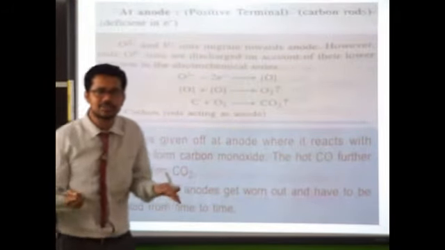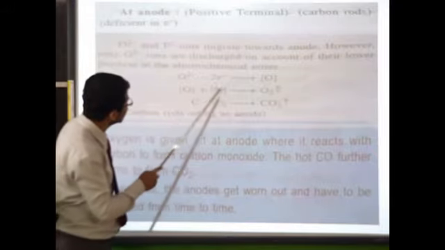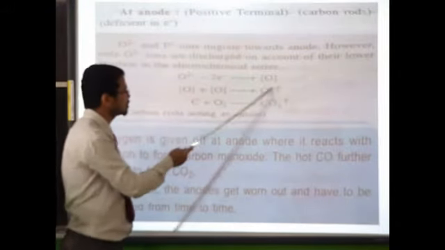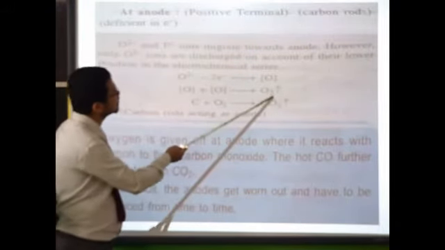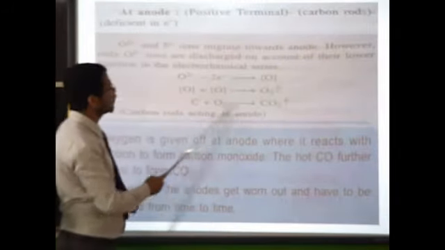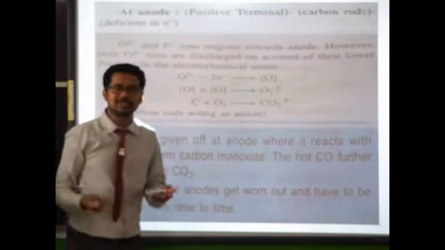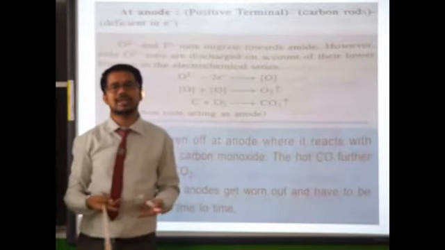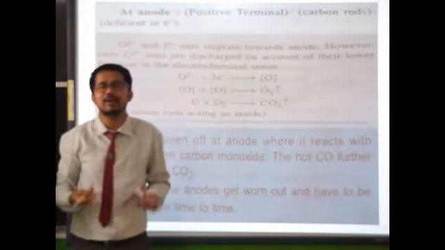Oxygen atom cannot exist independently. Hence, it combines with another oxygen atom and becomes oxygen gas. This oxygen gas combines with the carbon rod and forms carbon dioxide gas. That means the gas can be evolved.